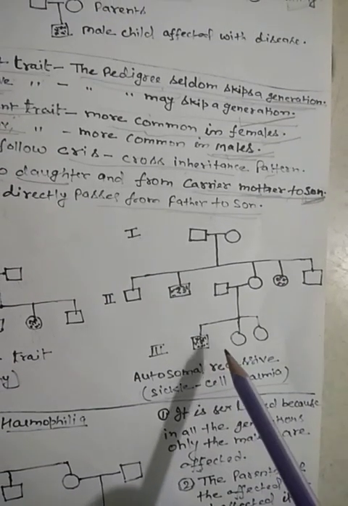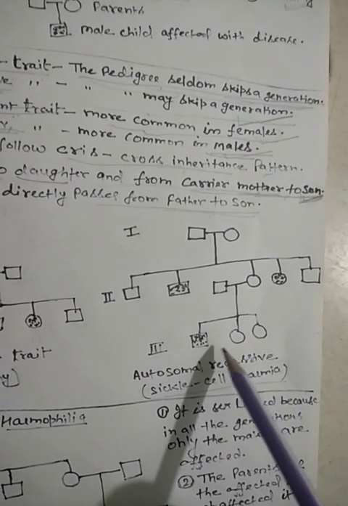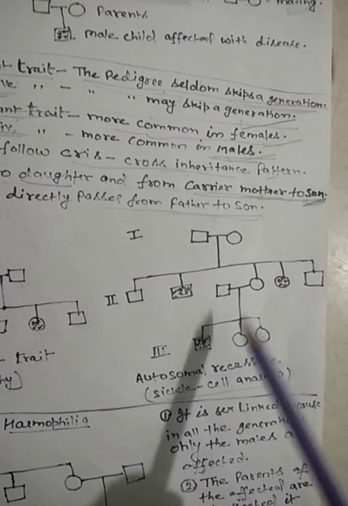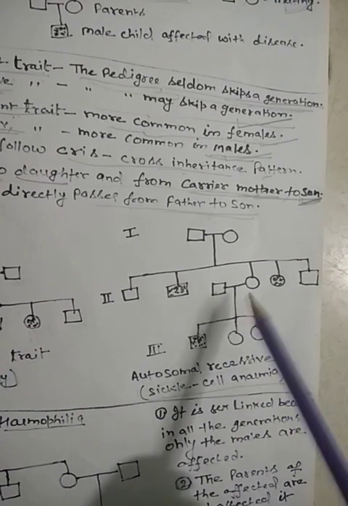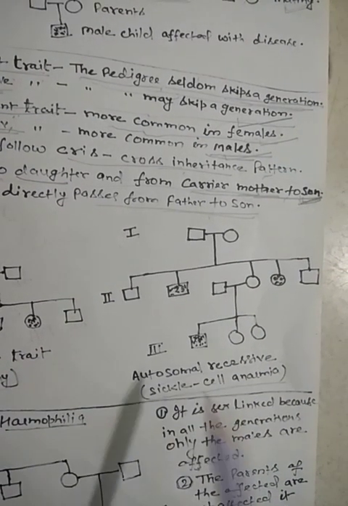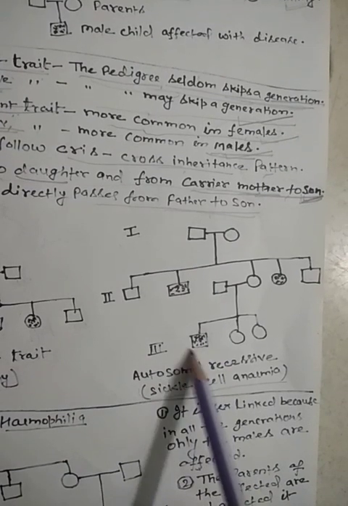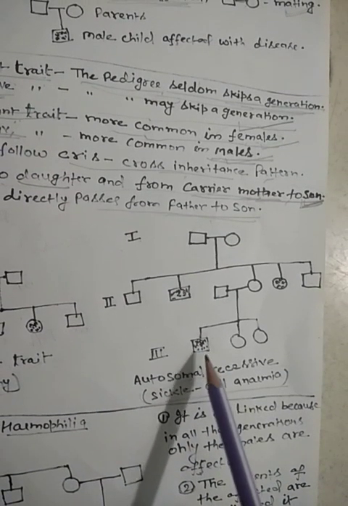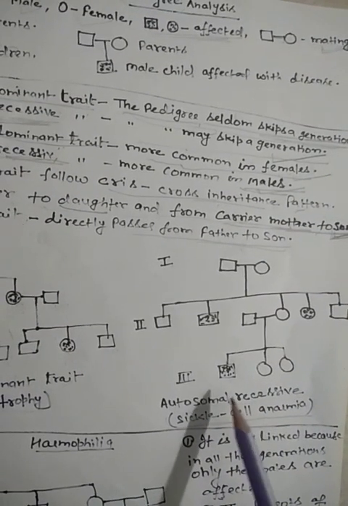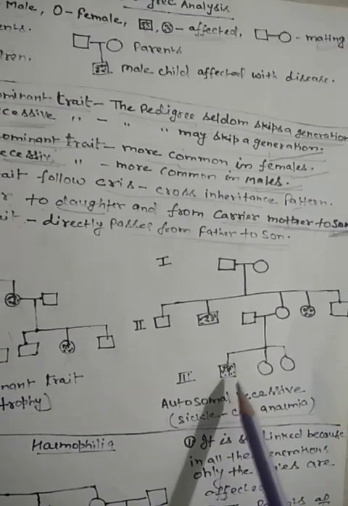Now first, suppose this is sex-linked recessive; we have to find out whether it is sex-linked recessive or autosomal recessive. Suppose this male has the disease, and suppose it is sex-linked.